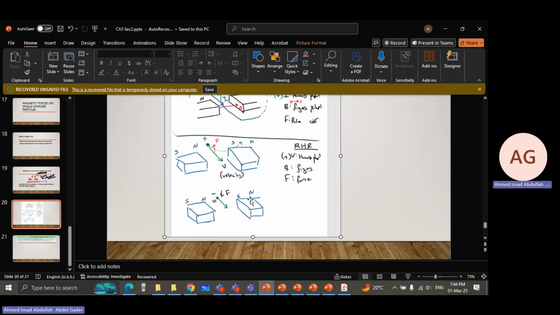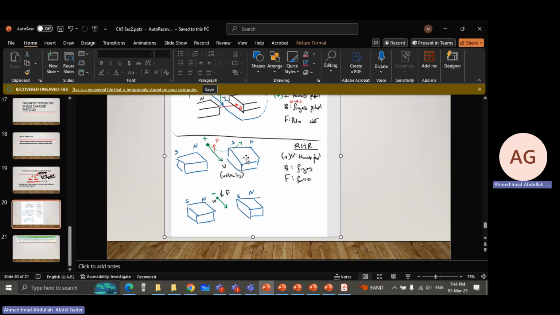Ignore this one, ignore that one. Let's just focus on this one. We have a positively charged particle moving through a magnetic field. Here we have two magnets with the relevant orientations given. So the magnetic field points from left to right, from north to south.